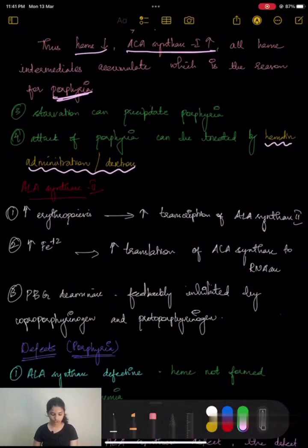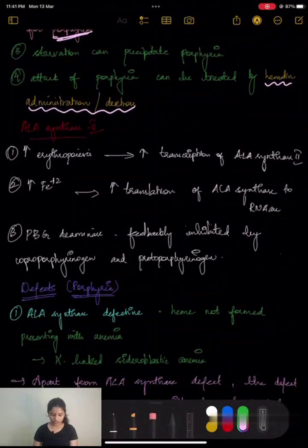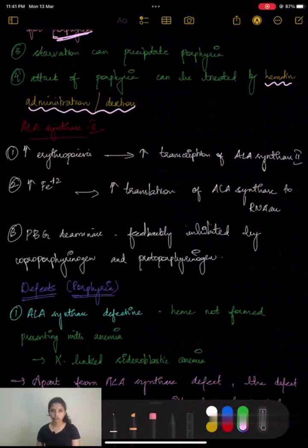Now ALA synthase 2, as I already told you, it is regulated with the help of iron availability and also the rate of erythropoiesis.